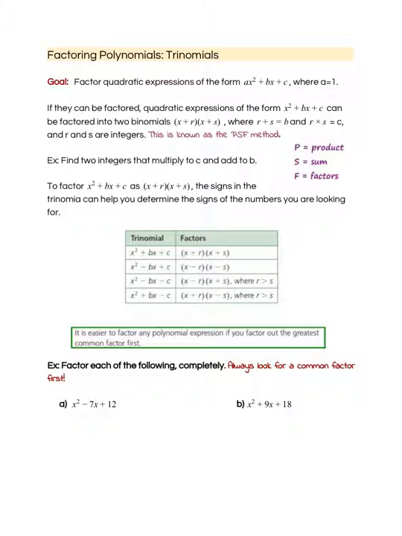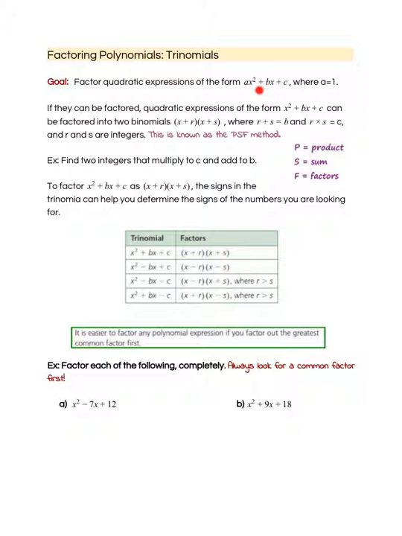So, we can factor quadratic expressions, and today we're going to look at factoring quadratic expressions when we have an a equal to 1. These can still be factored, and in fact, they are the easiest way to factor. We're going to break them down into 2 brackets, where r plus s, the numbers inside our brackets, are always equal to our b value.